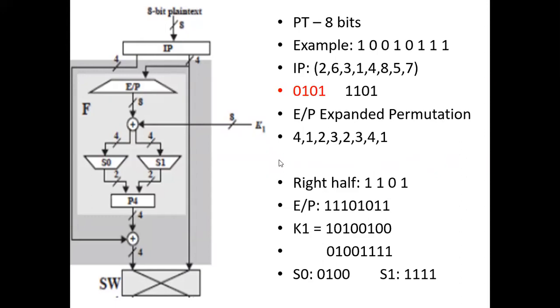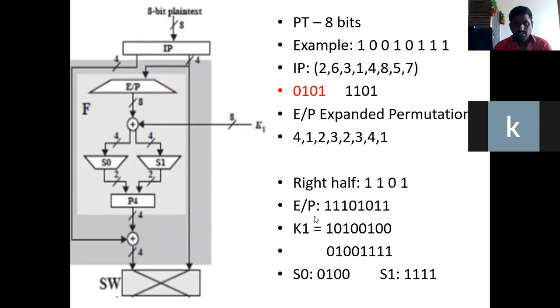If you rearrange the right half, you get this output after performing the expanded permutation: 11101011.